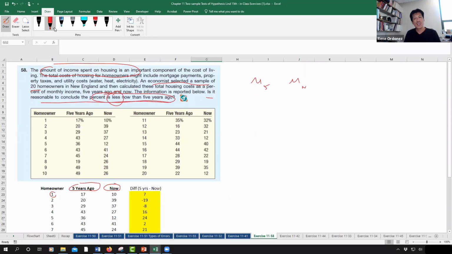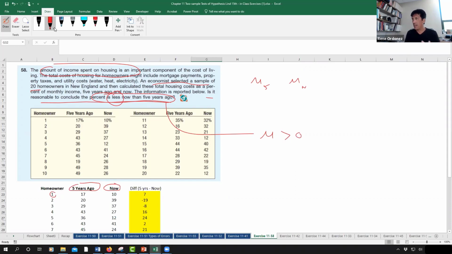Since we computed the difference column as 5 years ago minus now, this would mean the average difference is greater than 0.